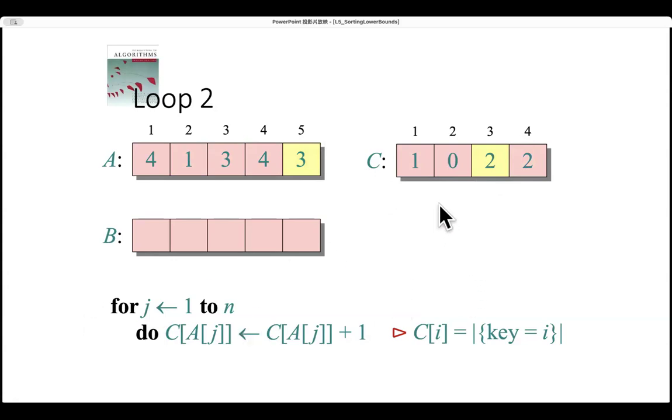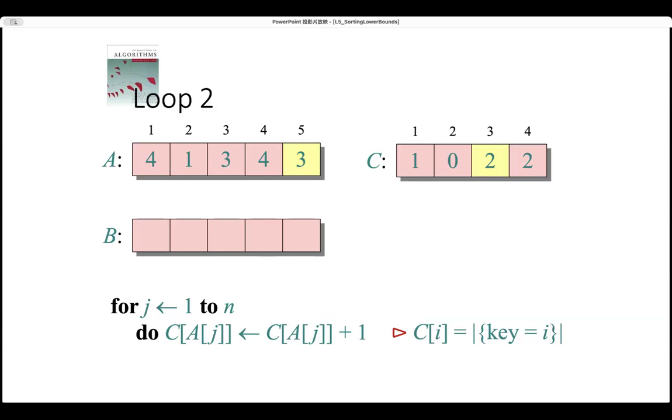So obviously, at the end of this loop, you can tell that the auxiliary array stores the count of each number, or the number of occurrences of each index, I probably should say, in the sequence.